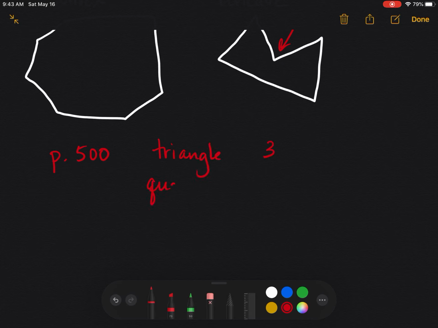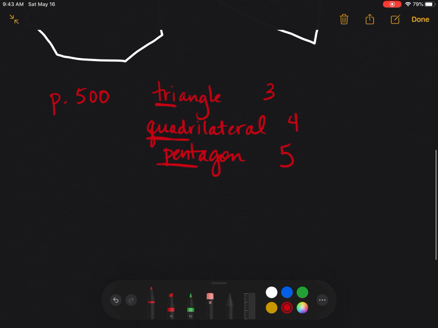A quadrilateral has 4 sides. A pentagon has 5 sides. Okay, again, you can look at these in your book. Tri is 3, quad is 4, pent is 5, and then it keeps going up. Okay, hexagon, right? Hexagon is 6.